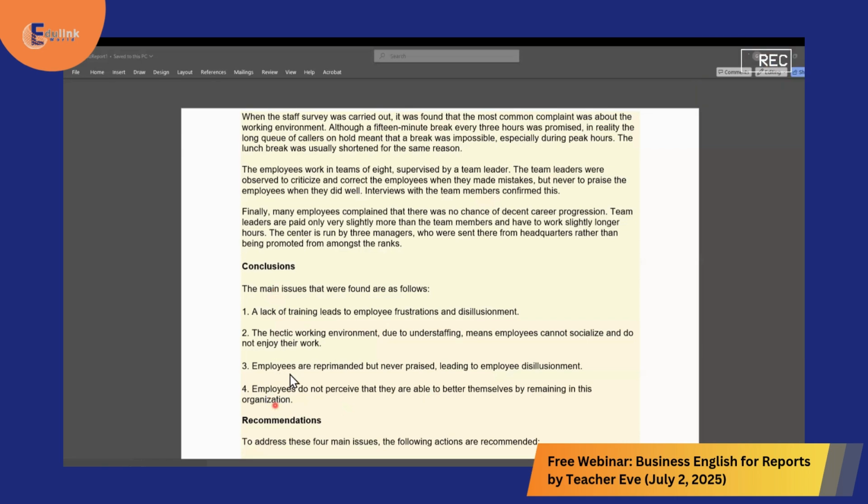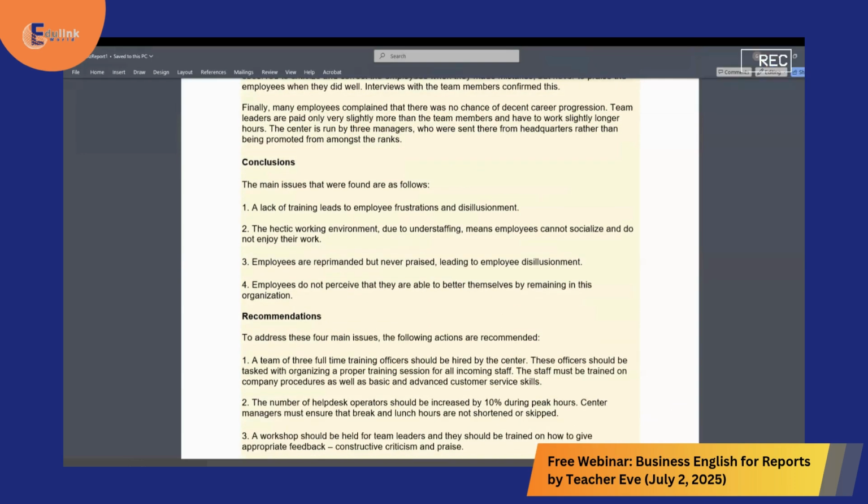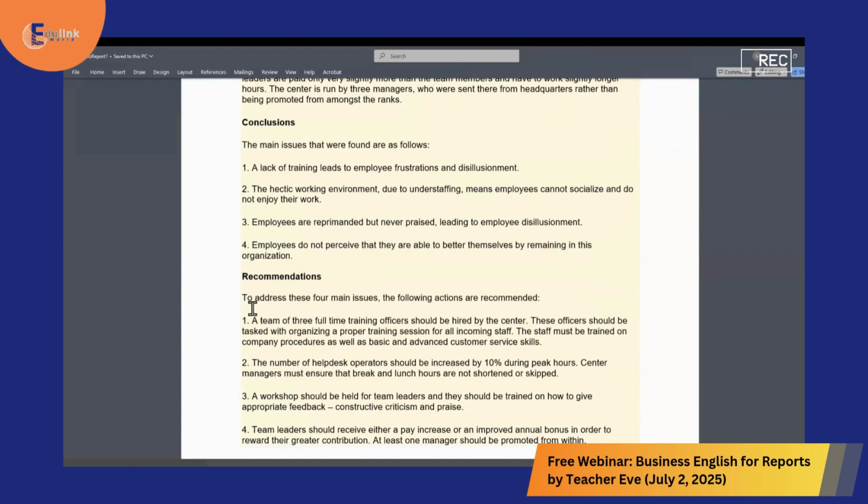Very short conclusions. And then the other really important part of a report is the recommendations, how you are going to solve the problems. So to address these 4 main issues, to solve these 4 problems, the following actions are recommended.